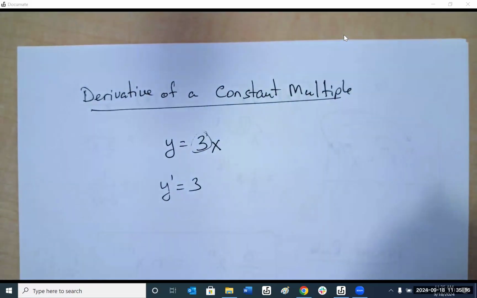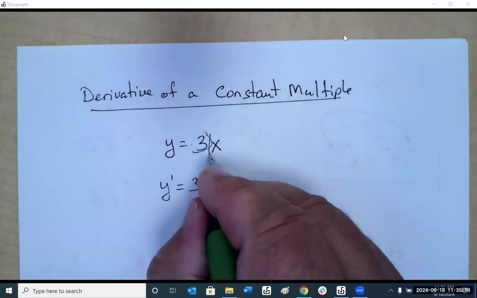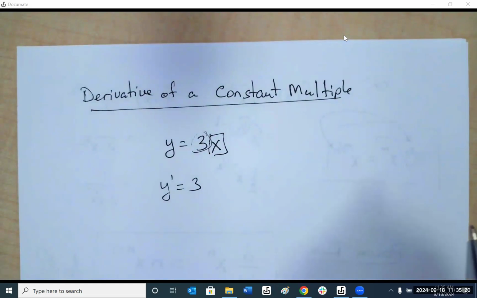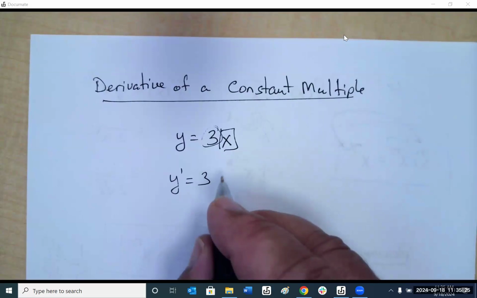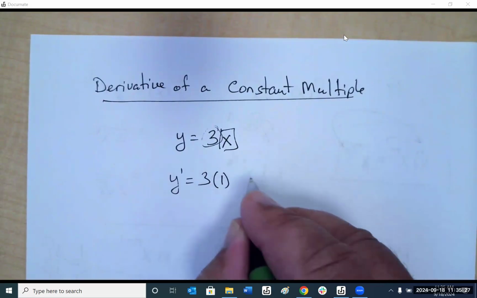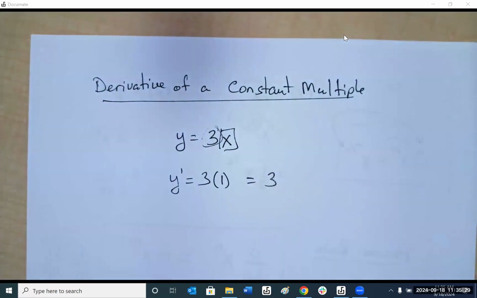It's just a constant. Leave it alone. Take the derivative of x. What's the derivative of x? 1. So the derivative is simply the constant multiple.